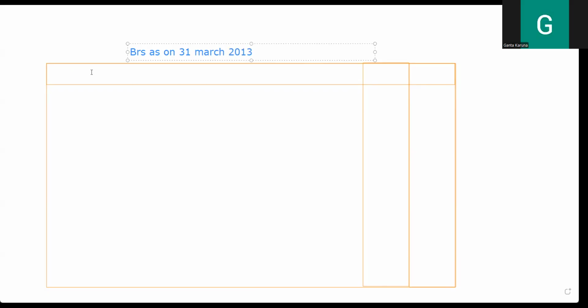And here I'm going to go with particulars, amount as well as amount here. Now he gave me what I said. He gave me the bank overdraft balance.